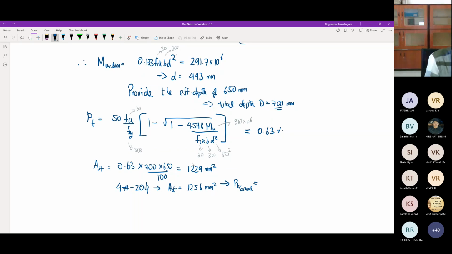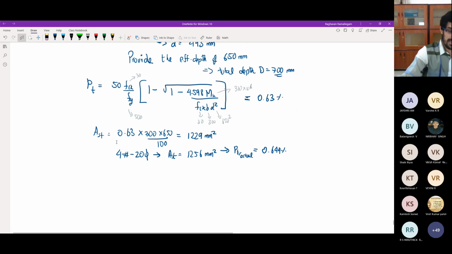PT actual is 1256 divided by 300 into 650. About 0.645. Now the tension reinforcement is over.